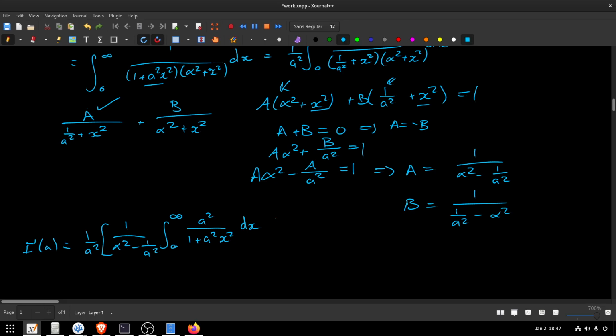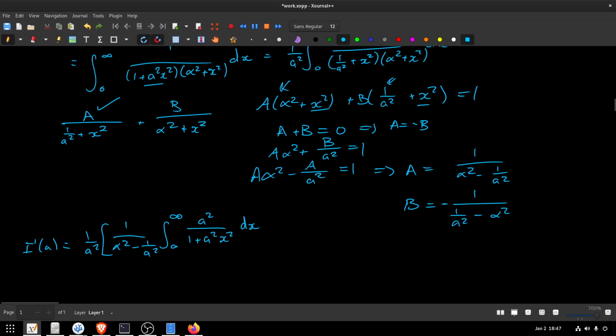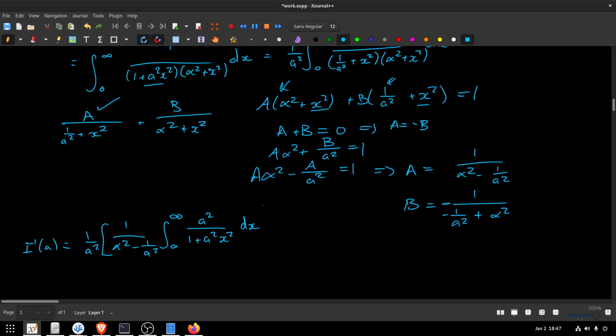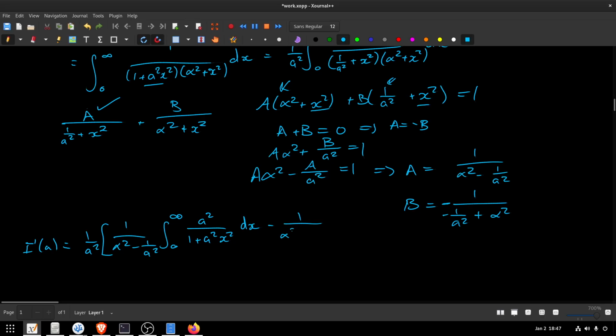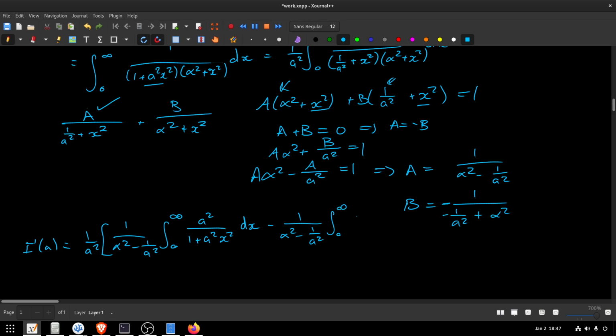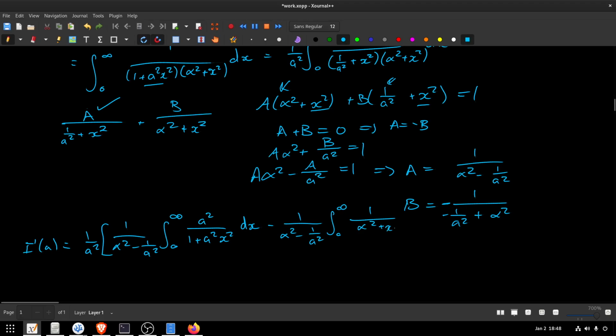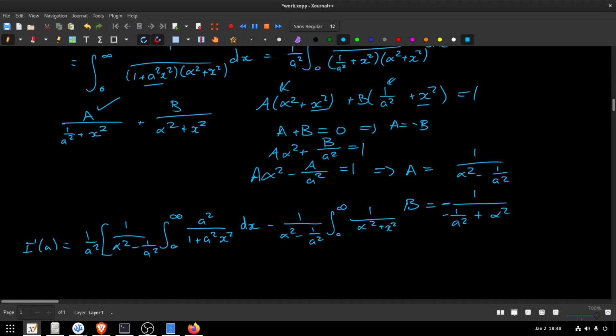And then our second one here, we can go ahead and bring this minus outside and change these signs, which lets us do minus 1 over alpha squared minus 1 over a squared, integral 0 to infinity of 1 over alpha squared plus x squared dx. I am running out of space here, but it should be fine.